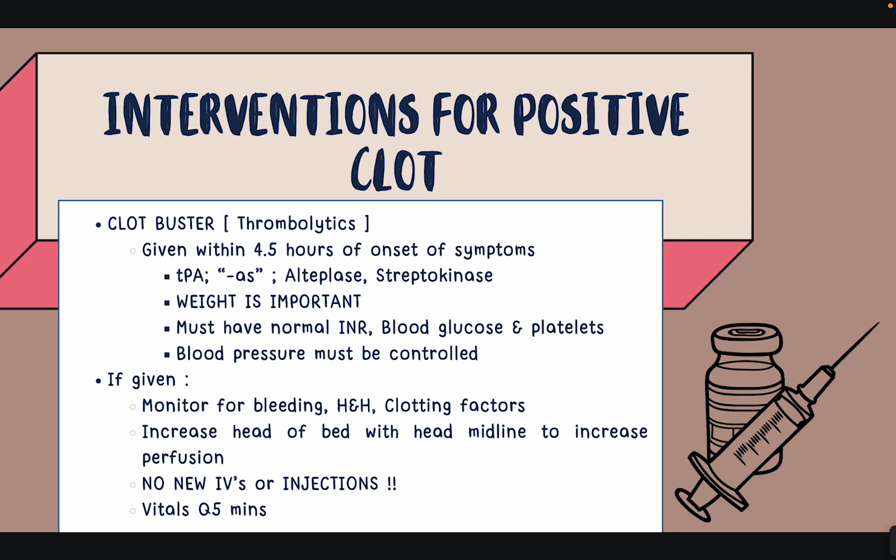I didn't mention this before, but the reason why we do a blood sugar when the patient arrives is because hypoglycemia can mimic stroke-like symptoms, okay? So it's very, very important that you check, is this patient in hypoglycemia or is this patient having a stroke, okay? So that's why we check blood glucose as well, while we're doing everything.